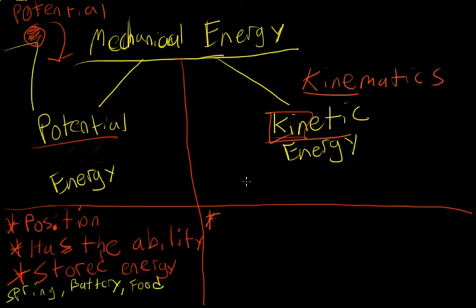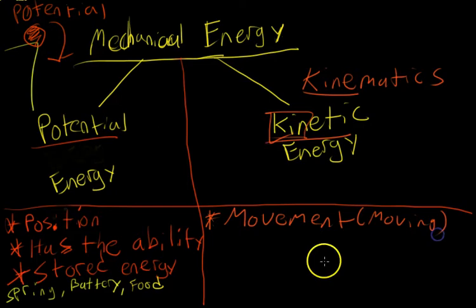And fire and movement are often in the same definition simply because movement produces heat. So I think kin would be heat or movement or something of that nature. And so we're going to put movement here. So it's kind of moving energy.